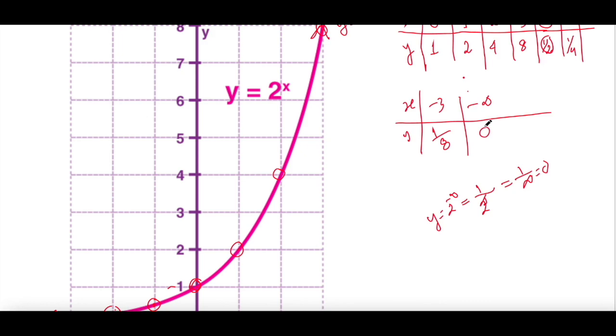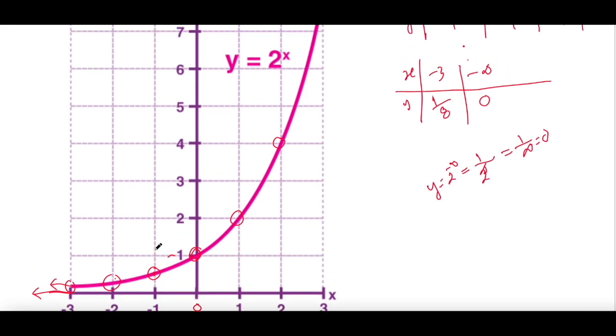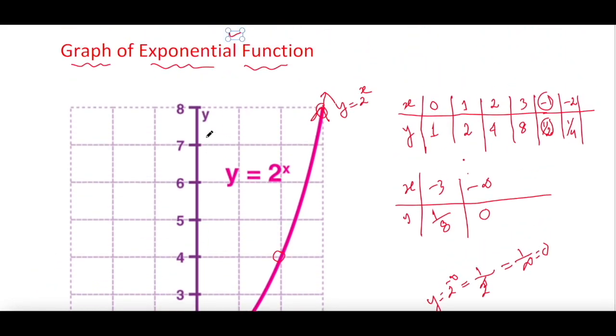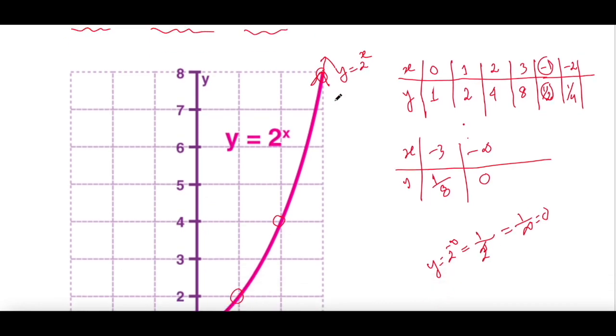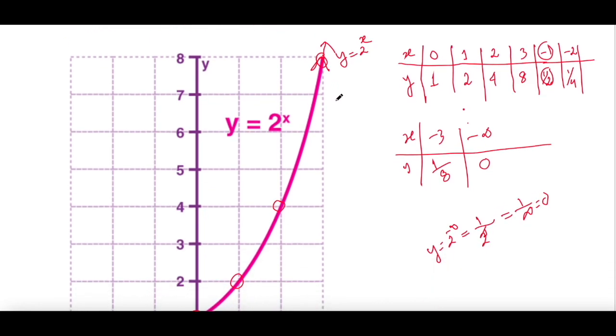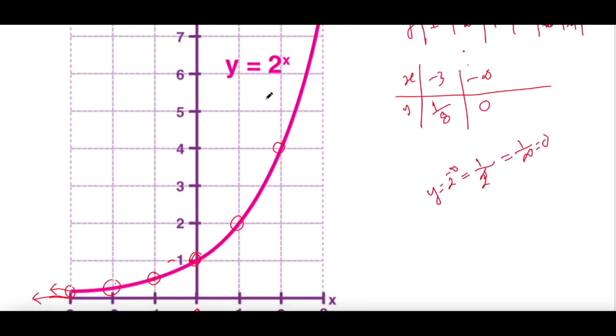So y will meet the x-axis at negative infinity. And when x goes to infinity, y will again be infinity. So this is the graph of the exponential function y equals 2 to the power x.